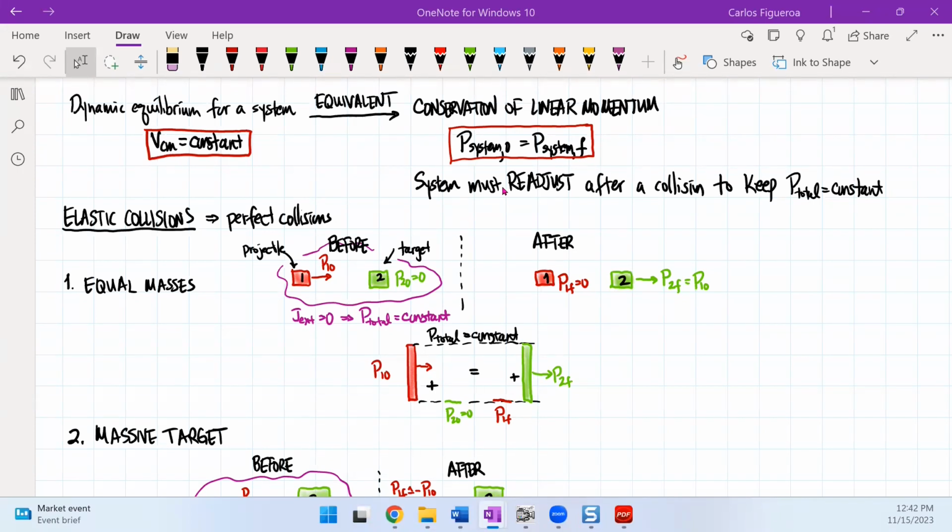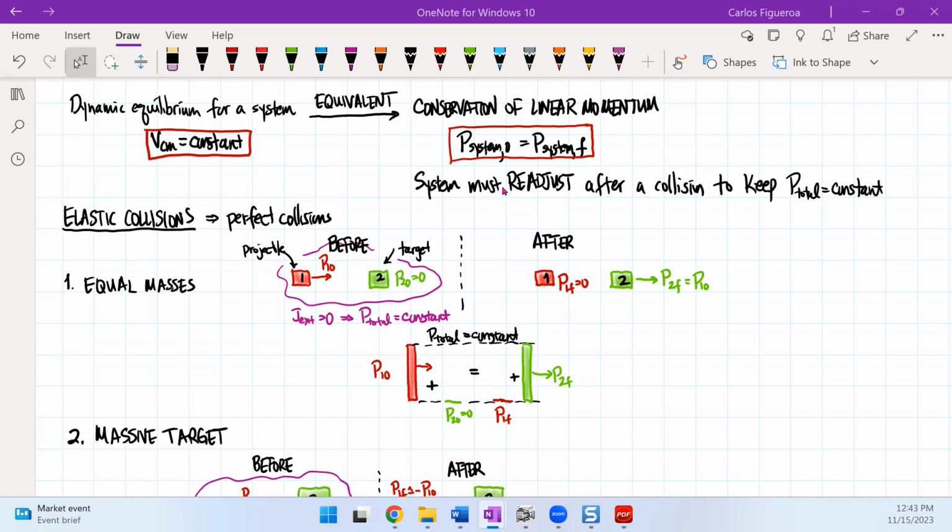That means that the total momentum of the system before and after a collision is the same. In other words, the system has to readjust its momentums after a collision to keep P total constant. So the way we started looking at this is that we looked at elastic collisions.